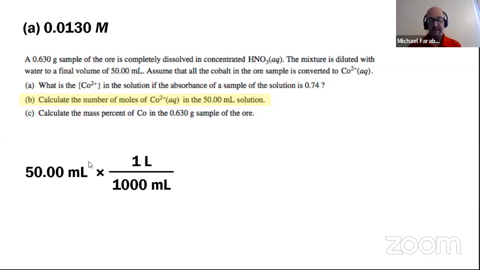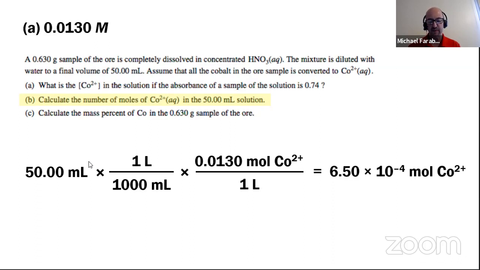So if we do this as a conversion factor, we're going to take 50, divide by 1,000, and then multiply by the molarity in such a way that liters cancels out, and we have moles in our final answer. And if we do this math, I'm going to go ahead and round off my answer to 3 significant figures just based on my estimate of the concentration. I have 6.50 times 10 to the minus 4 moles of the cobalt ion. So that takes care of the answer to part B.